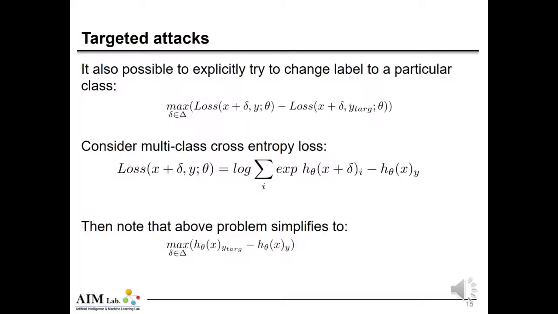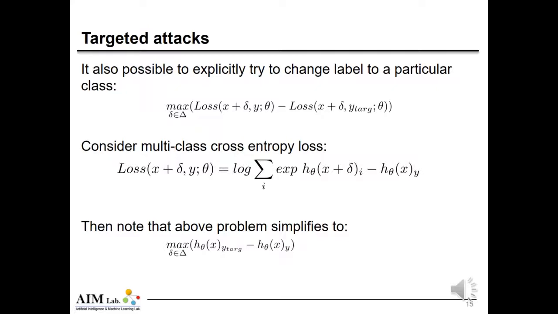So far, we saw that we just maximize the loss of the classifier, but we can actually maximize the loss of the true class and minimize the loss of the target class to try to fool the classifier into thinking it's actually the target class. The loss function is something like the cross entropy loss.